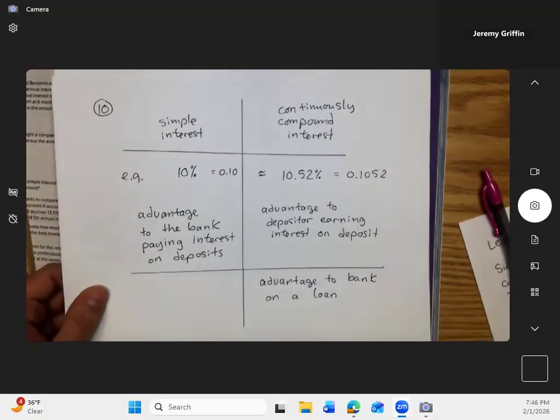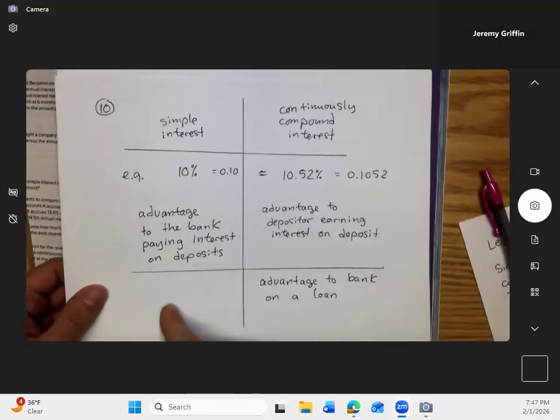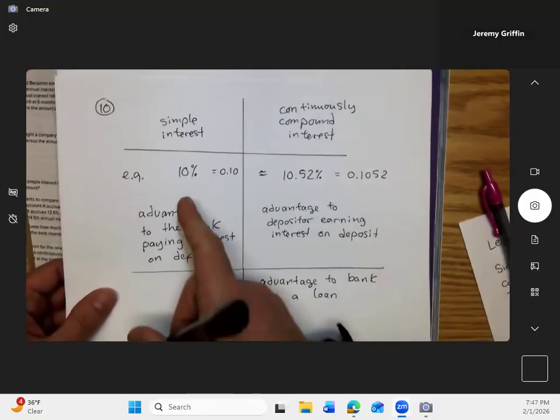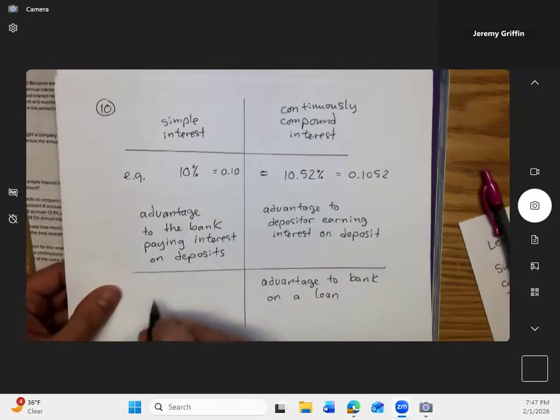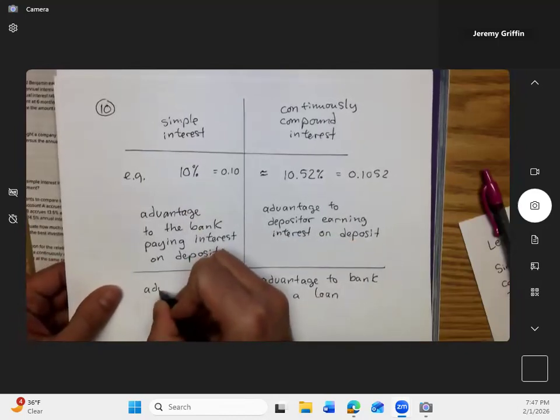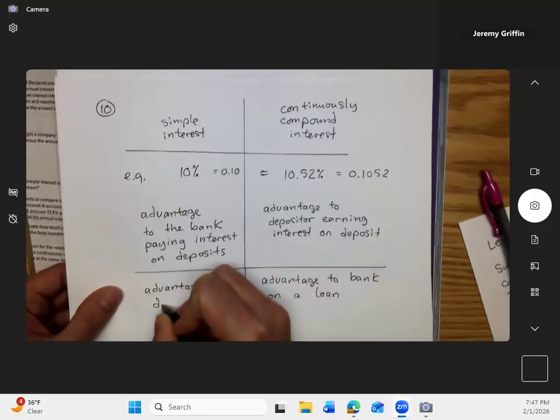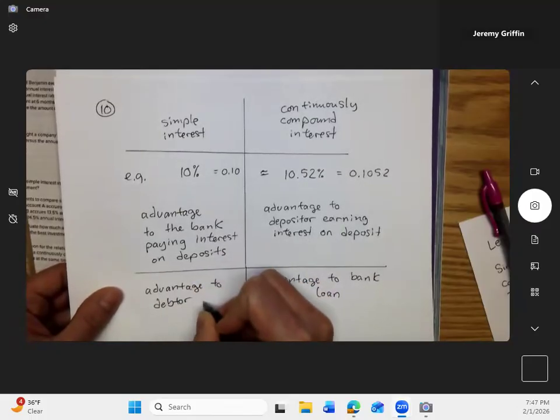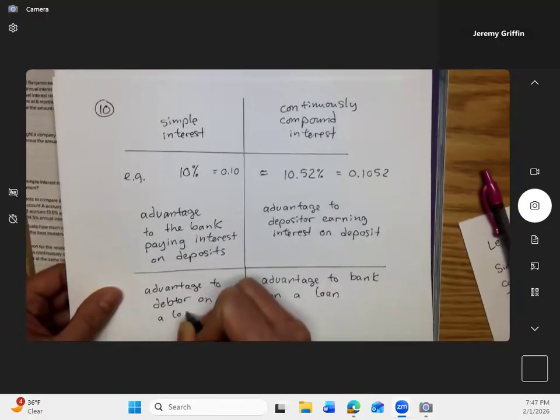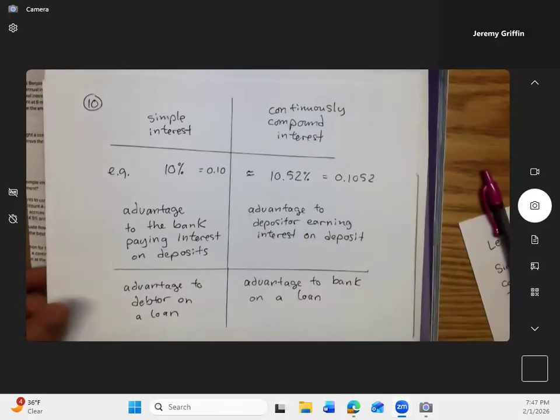Right? And you, on the other hand, if you were just a person taking out a loan, you would rather have a smaller interest rate. So over here, simple interest would be the advantage to the debtor on a loan that they took out. Yeah, right.